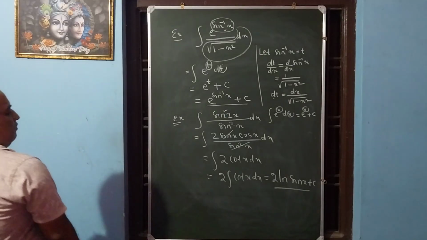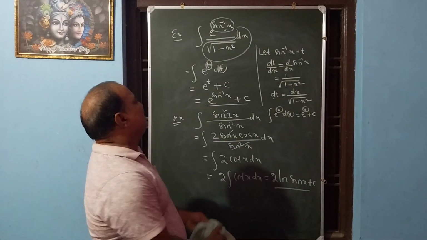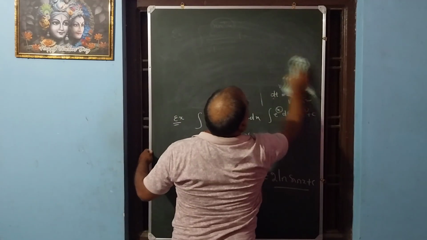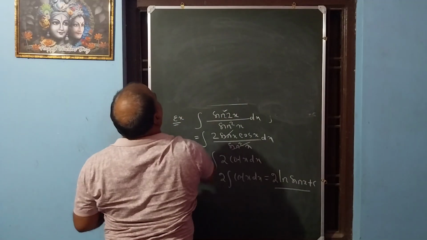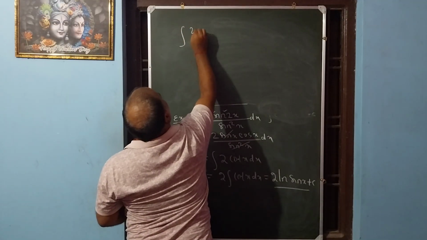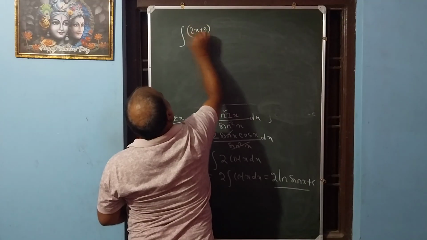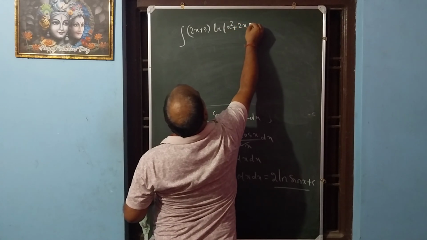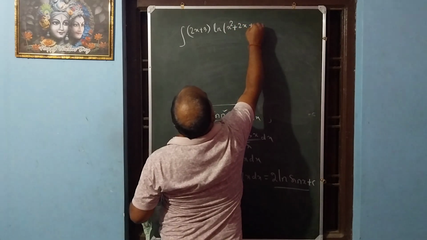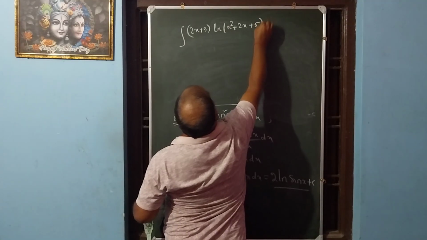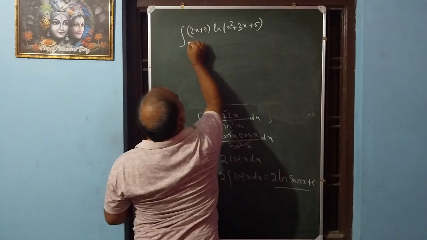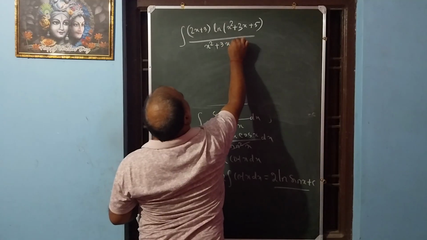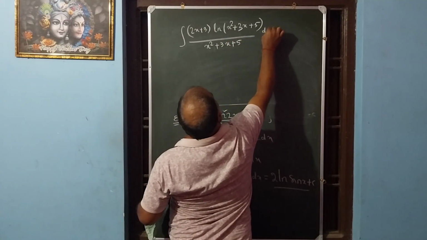Now consider another example. Write down another example. Integration of 2x plus 3 divided by x square plus 3x plus 5, into ln of x square plus 3x plus 5, into dx.